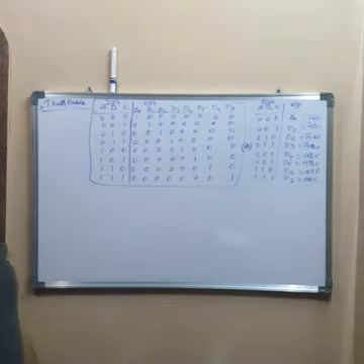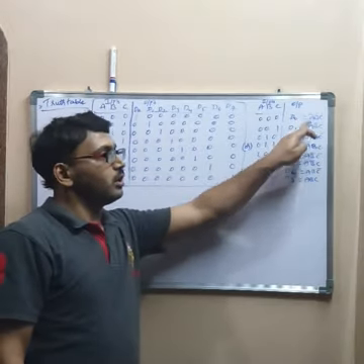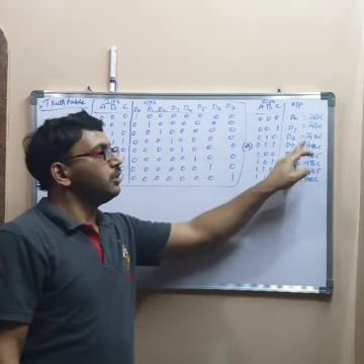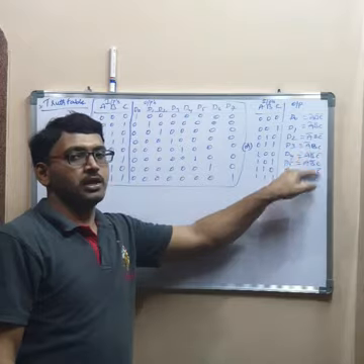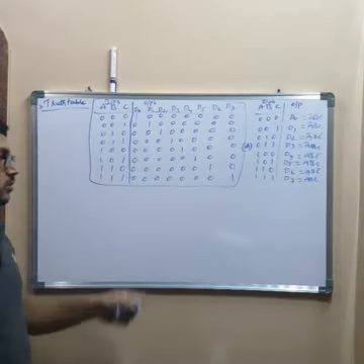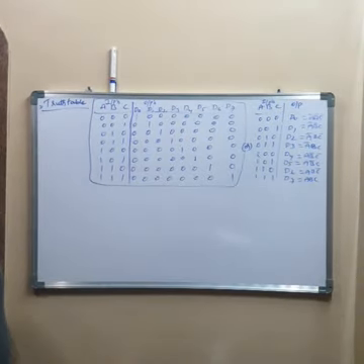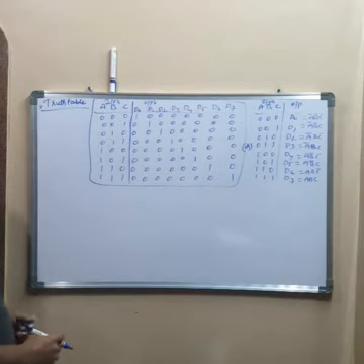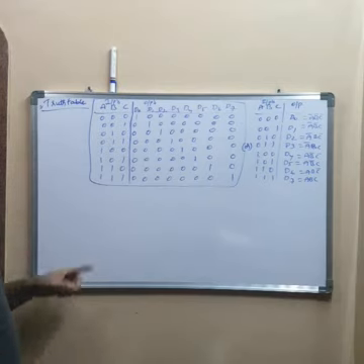Let us see what the expression is for the output. D naught is equal to A bar B bar C bar. D1 is equal to A bar B bar C. D2 is equal to A bar B C bar, like this. So for that reason I am drawing the logic circuit directly. I have to erase this in order to draw the logic circuit.